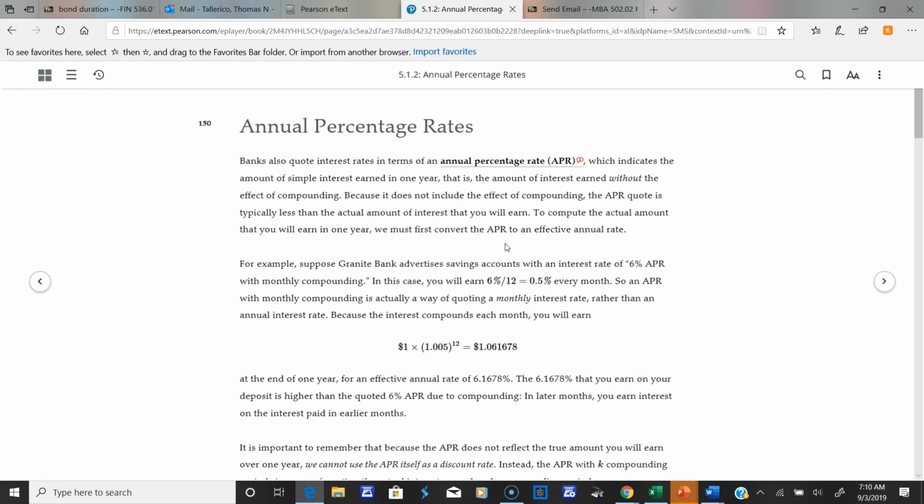So to distinguish between I in your list of symbols and APR, okay, there's really not that much difference. So the I happens to be the rate per period. I'll go back for a minute here.